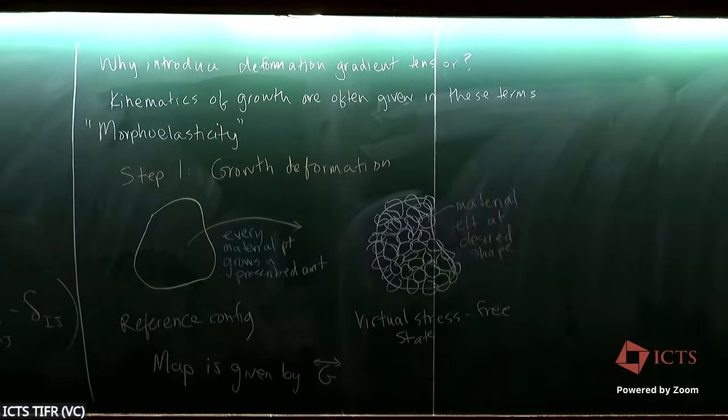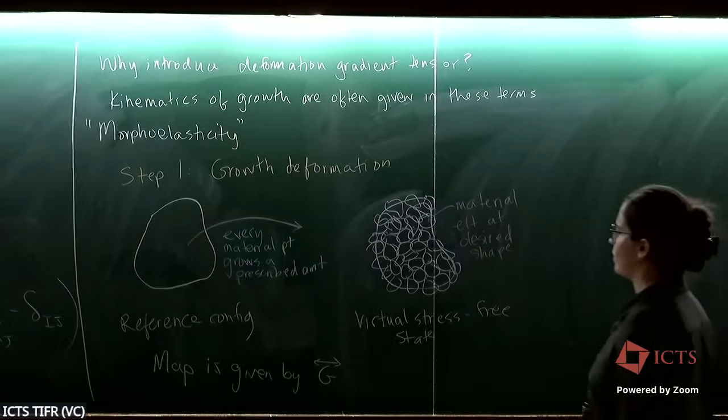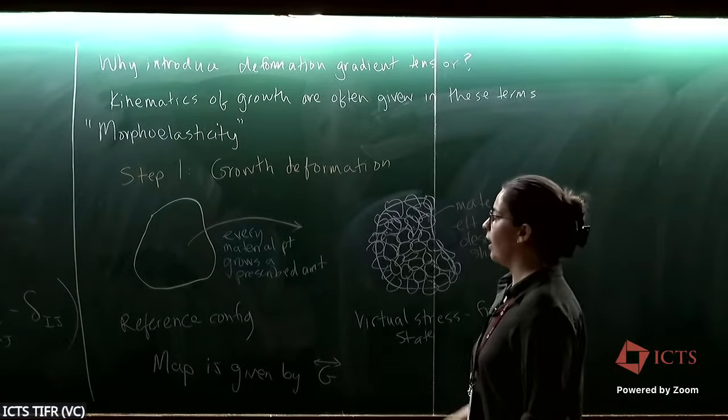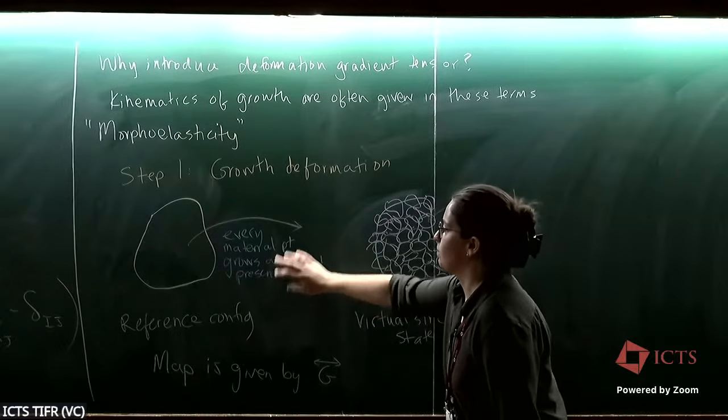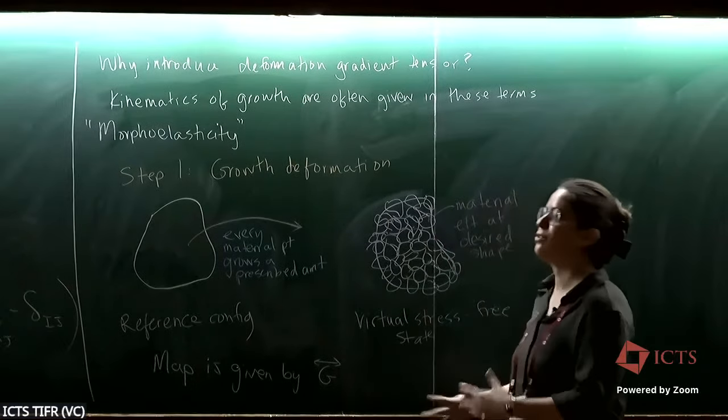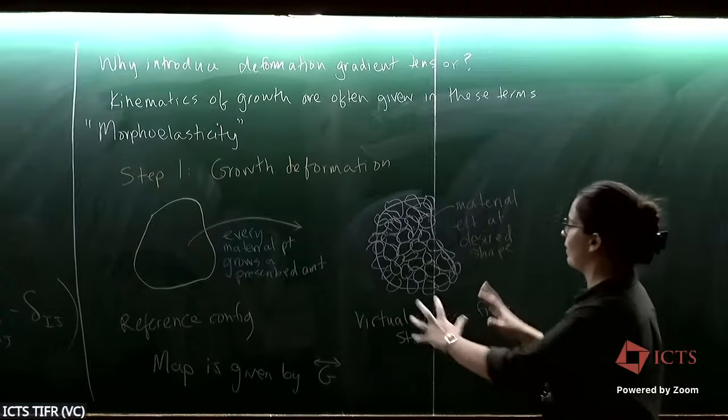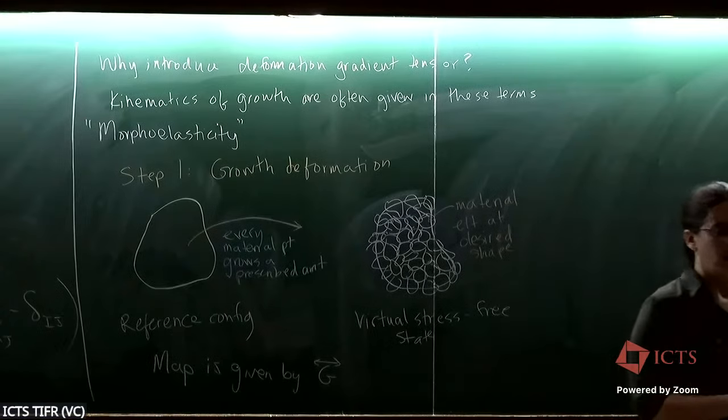An example of this would be if you just had every point double in size. Every point is just an isotropic expansion of the entire body. You would expect to have this be a compatible deformation. But it's also possible that this is not the case, that these points are going to grow in concert in such a controlled way that the resulting state is stress-free.